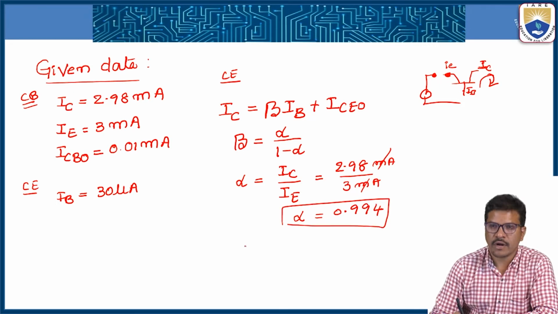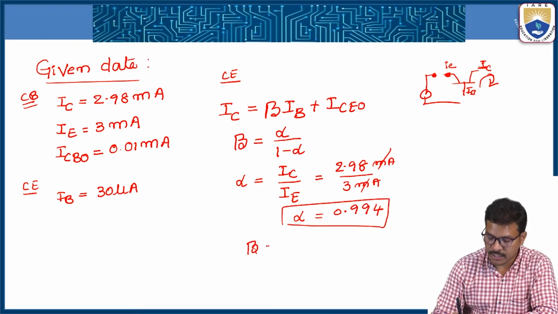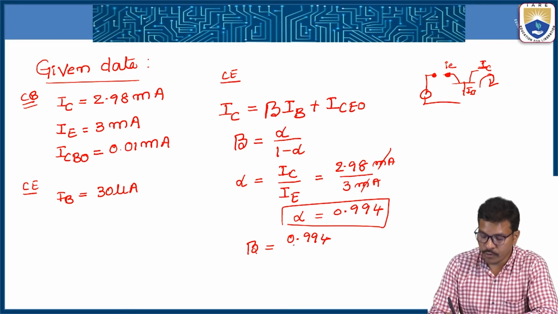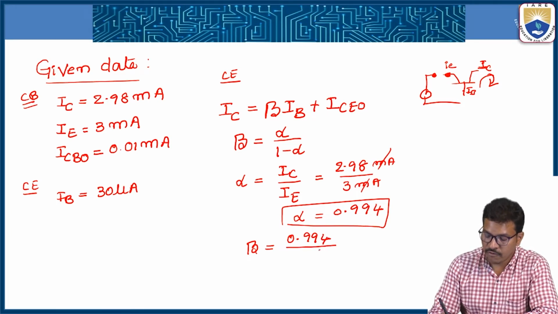Take that alpha and substitute it into beta. You will get the value of beta, which is generally in the range of 100 to 200 to 250. Alpha range is always between 0.9 and 0.99.